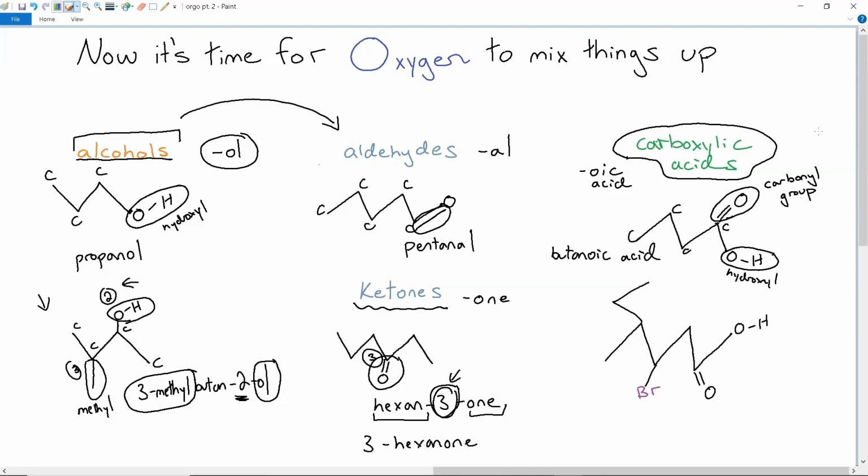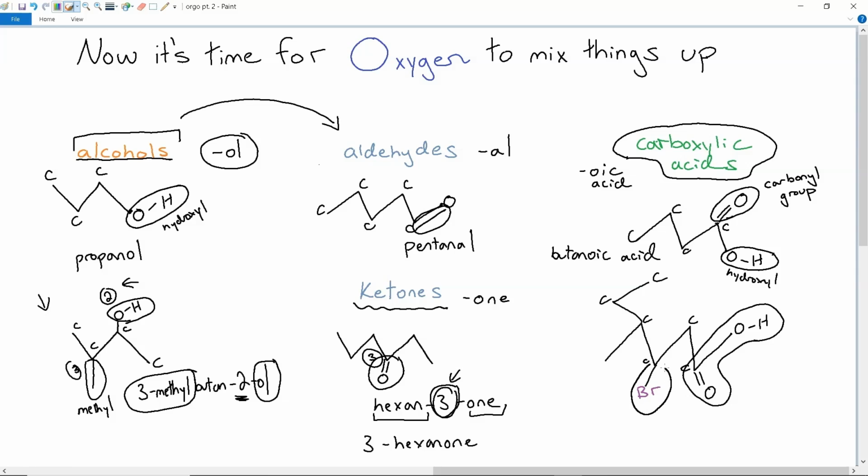However, things can get more complicated when we add different branches onto our carboxylic acid, just like with any other organic compound. So here, we still need to use the oic acid ending because I have my carbonyl and hydroxyl group here. And then I just need to make sure I'm counting the right number of carbons for my main chain. If I start on the carboxylic acid side of things, because that's going to get priority in the numbering, we have 1, 2, 3, 4, 5, 6 carbons.